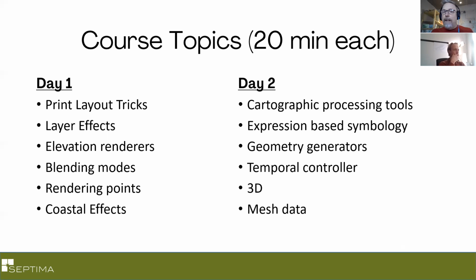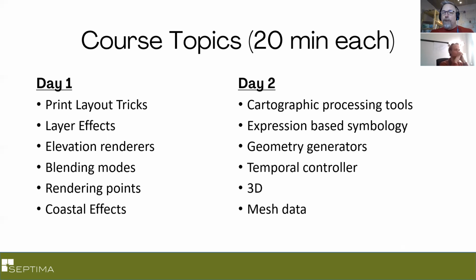On the second day, we're going to be looking at some more advanced techniques, looking at cartographic processing tools and expression-based symbology. That's probably one of the secret powers of QGIS: these things called data-defined overrides, where instead of just defining a color or setting a parameter for a symbology parameter, you can use an expression in its place. And there's a lot you can do with those.